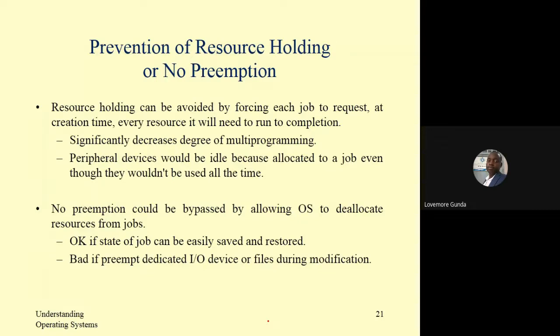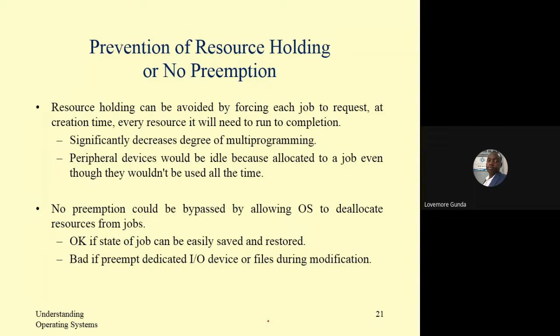However, this will reduce the degree of multi-programming, right? And also, peripheral devices would be idle because they've been allocated to a job even though they wouldn't be used all the time.